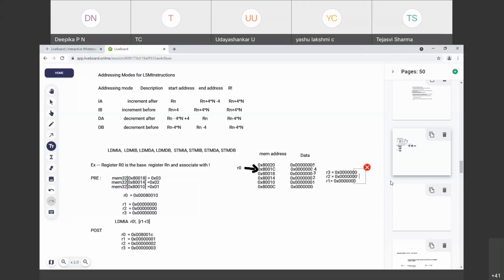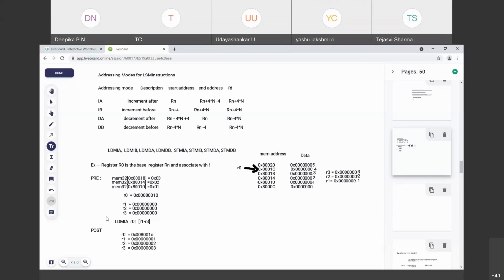Please understand the register contents: 4, sorry, 321. 3, 2, 1. Just try to match this, you just check this. That's all. So this is what happens.